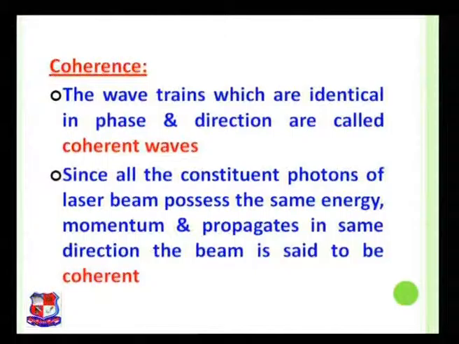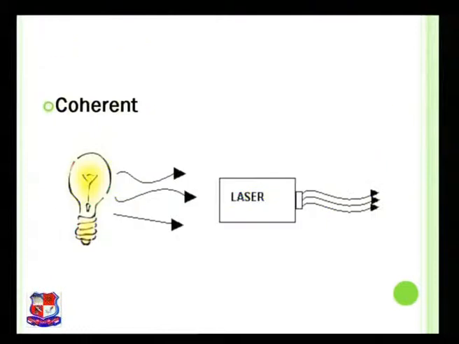Let us move towards the next property, that is high intensity. But before that, I have represented a diagram. You can see a bulb there and you can see a laser there. The coherent waves have the same phase in a single direction, whereas the light emitted from a lamp is not directional, it is scattering in all directions.